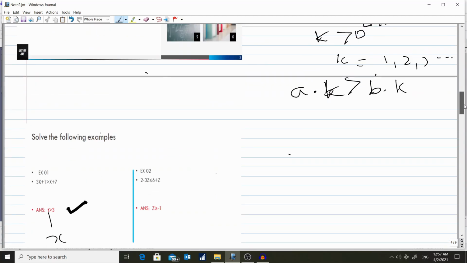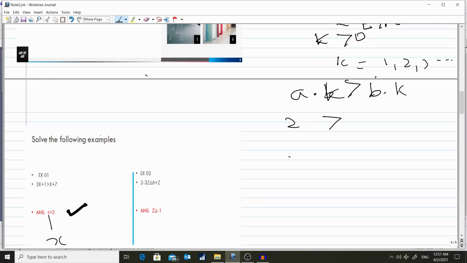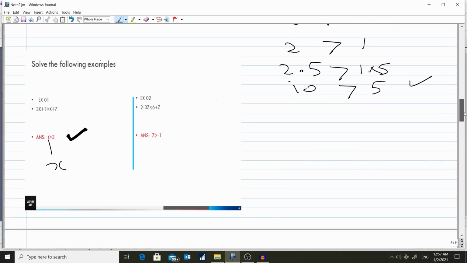For example, we have 2 greater than 1. If we multiply both sides by a positive value, for example 5, here we will get 10 greater than 5. It's also correct, right? And there's another condition, k can take negative values also. That means minus 1, minus 2, minus 4, like that, to infinity.